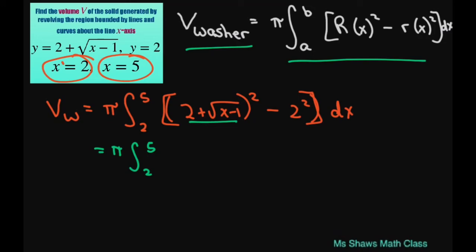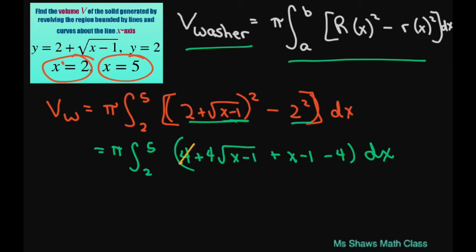When I expand this, I'm going to get 4 plus 4 square root of x minus 1 plus, when you square that, that's going to be x minus 1. And then we have minus 4, dx. All right, let's see what happens. These 4's cancel.